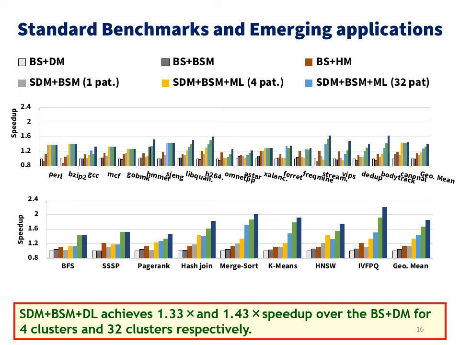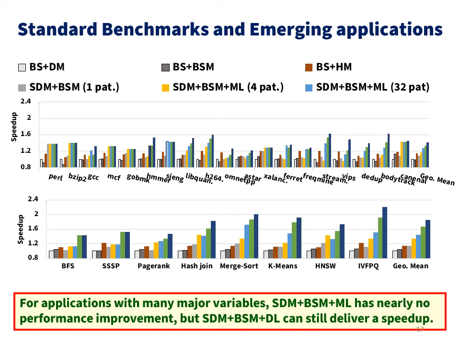We can see that the SDM plus BSM plus DL can achieve 1.3x and 1.4x speedup over the BS plus DM for 4 clusters and 32 clusters respectively. Comparing the ML and the DL method, we can see that DL-assisted k-means achieves consistently better performance, insensitive to the number of clusters chosen for each application.